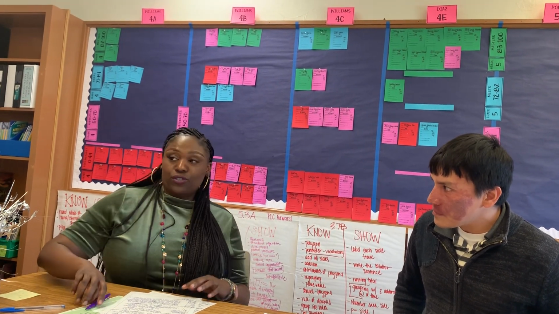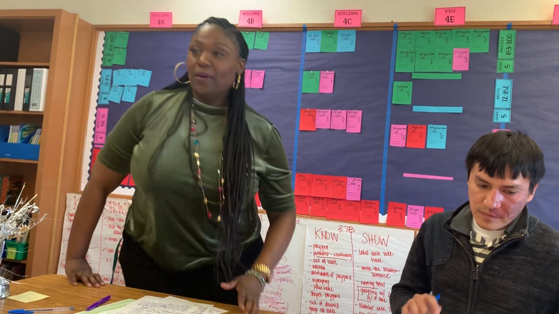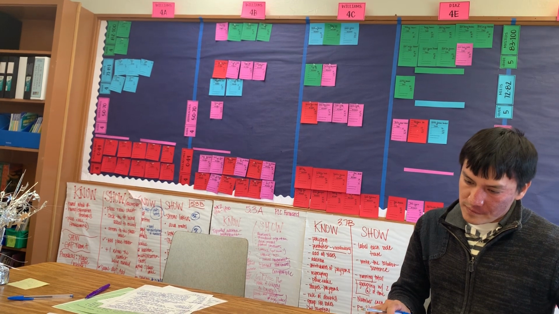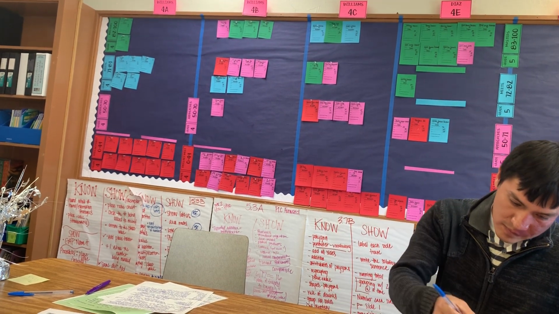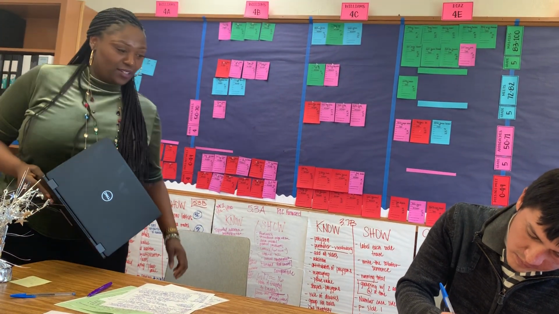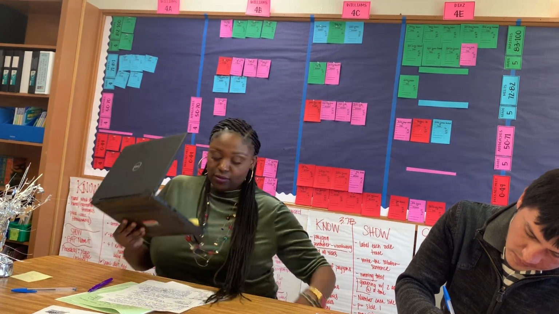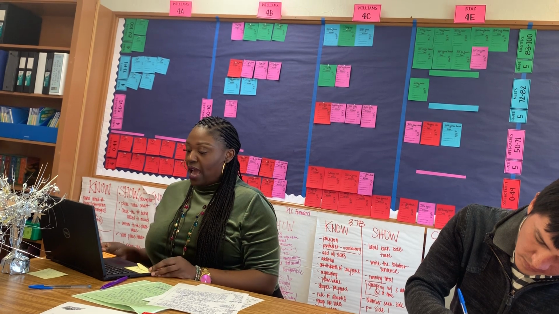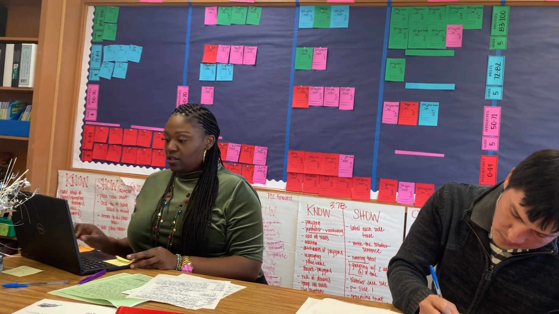Let's actually add that to our calendar. So I'm going to go get my laptop. I want to be intentional about the time, and thank you for writing that down. So at 12 o'clock, and then I'm going to send you an Outlook invite.